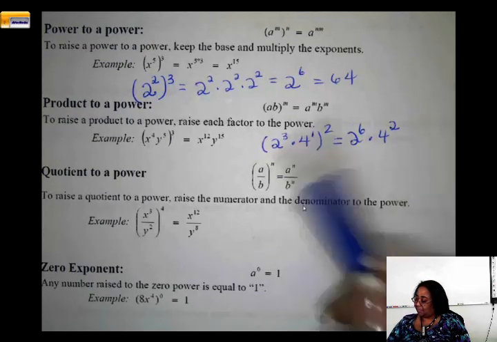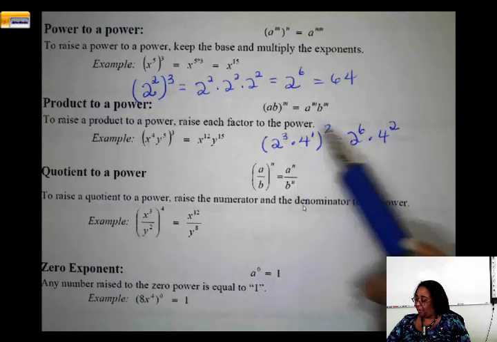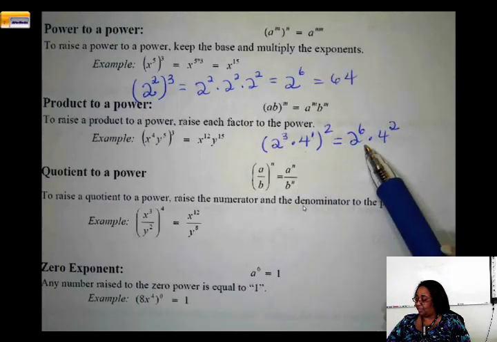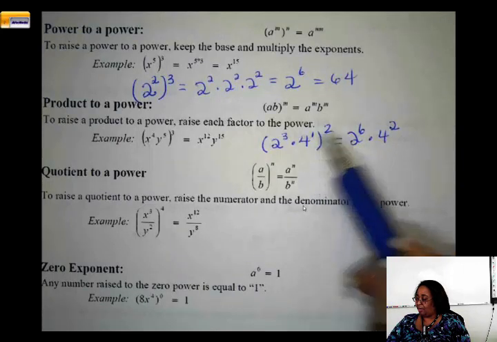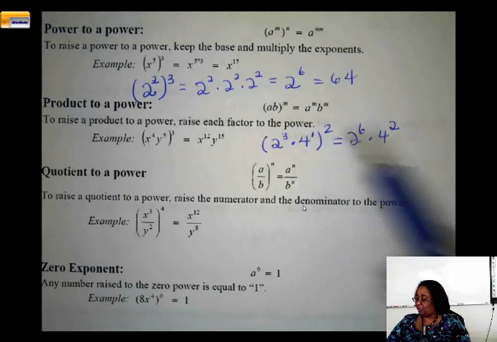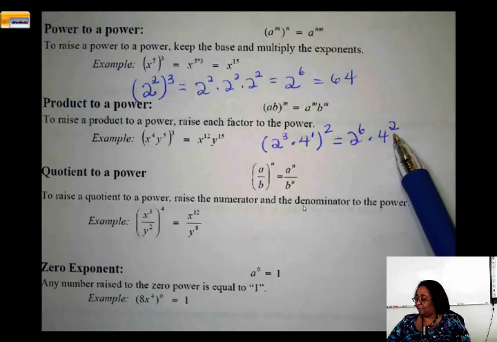So in this case, if I had 2 to the 3rd power, and I'm taking the whole thing to 2, I have to say 3 times 2, which is 6. And then I do 4 to the 1st power times 1, I mean times 2, which is going to be 2.